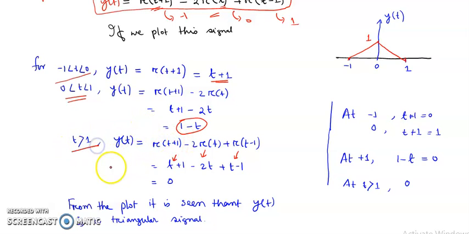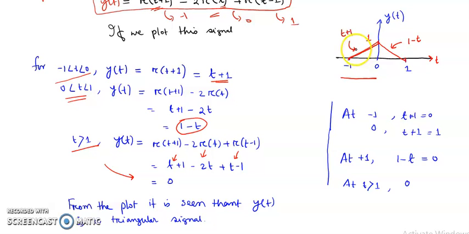So for minus 1 to 0 the line equation is t plus 1, and from 0 to 1 the equation is 1 minus t, and for t greater than 1 it is 0, so we are not getting any component there.